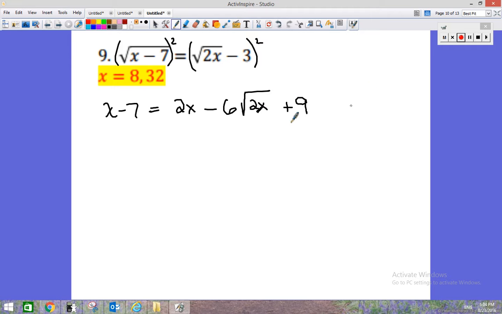You can construct a table if you don't believe me. Now, I need to get that radical by itself, so I'm going to subtract 2x from both sides, so I'll have negative x. Subtract 9 from both sides, minus 16 is equal to this negative 6 radical 2x.